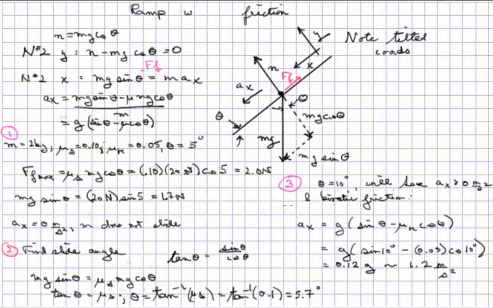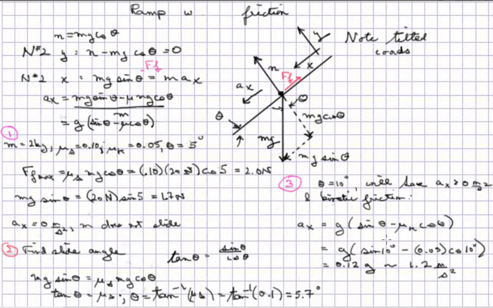For the third case, let's go beyond 5.7 degrees, where we know acceleration will occur now. And so we are definitely going to have a positive a sub x in that case, and that means we have to use kinetic friction. And then a sub x is going to be this expression right here, g times the quantity of sine theta minus mu sub k. I know it's moving, so I have to use the coefficient of kinetic friction times the cosine of the angle.